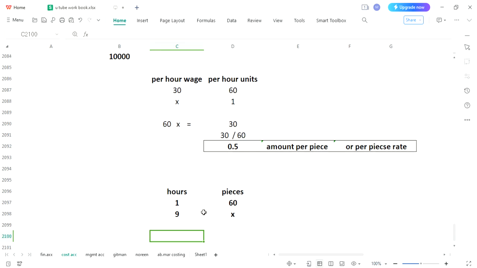Without calculation we can have the answer. In 1 hour 60 pieces are made, then in 9 hours how many pieces would be made?